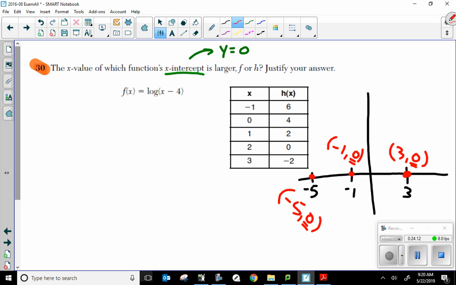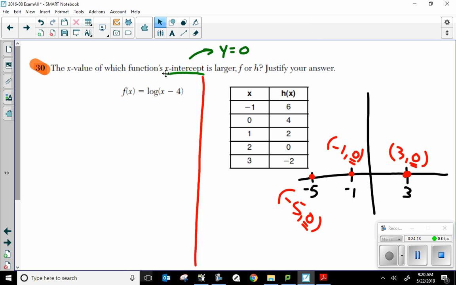All right. So which x-intercept is larger? I need to find the x-intercept for both my h function and my f function. The h function is the easiest. Please keep in mind, h of x is the same thing as y.